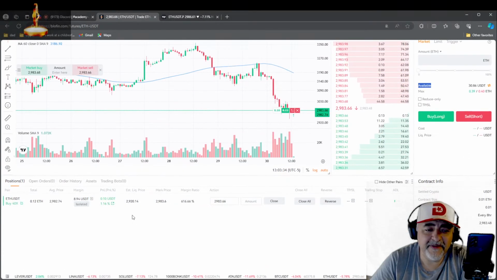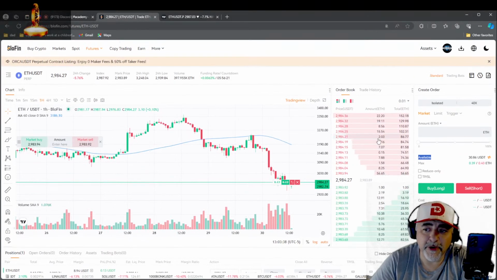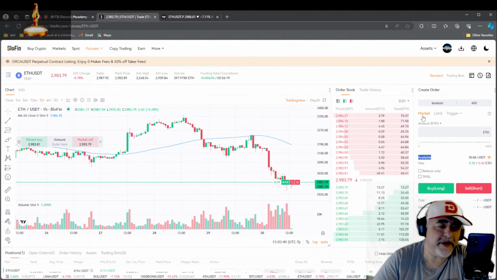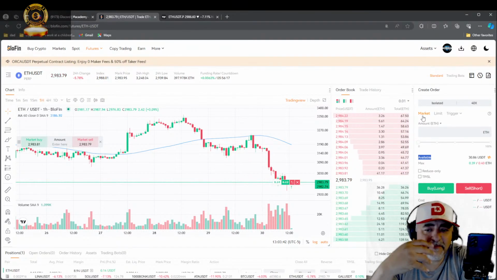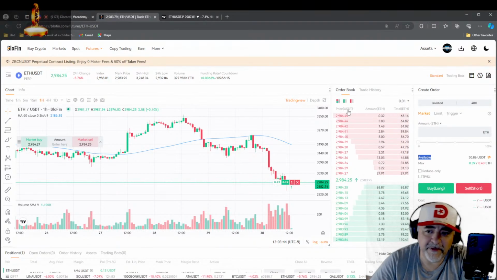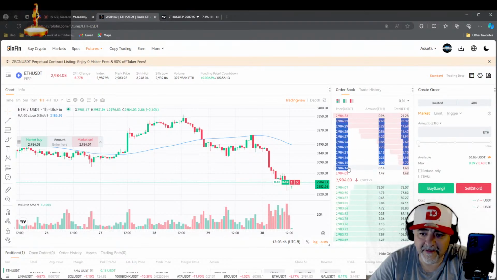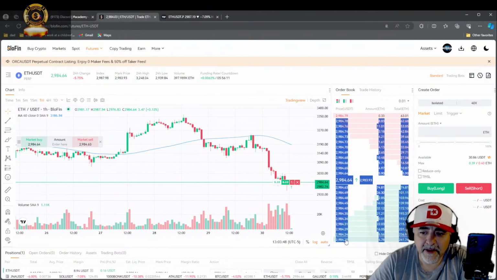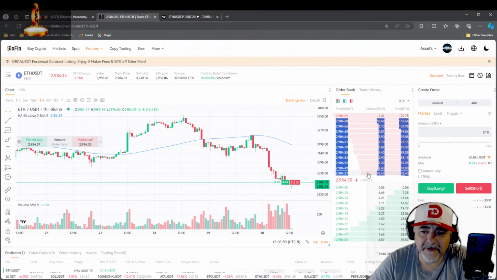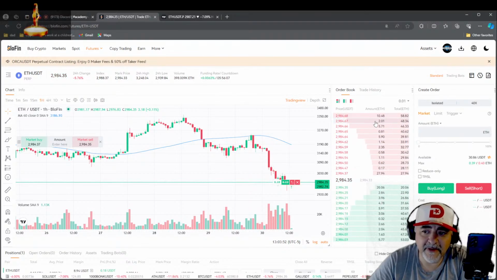Now, this is the easiest way to do it because this is set on market. What market is, it's basically just buying at the market price. You see all these prices here in this area. This is the market. These are the current prices.